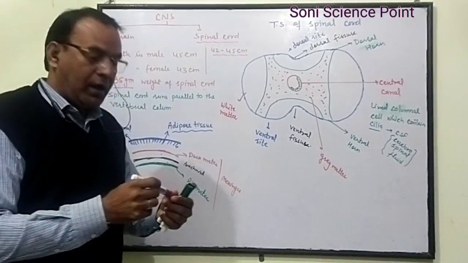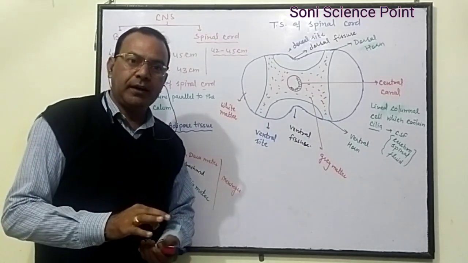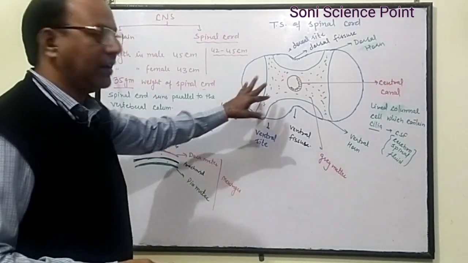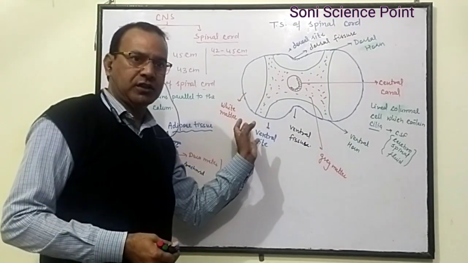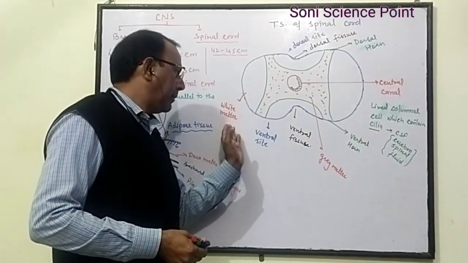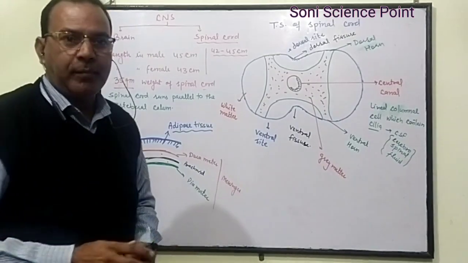In the brain, the external part contains gray matter and the inner part is white, but in the spinal cord it is opposite. Outside is white matter and inside is gray matter.